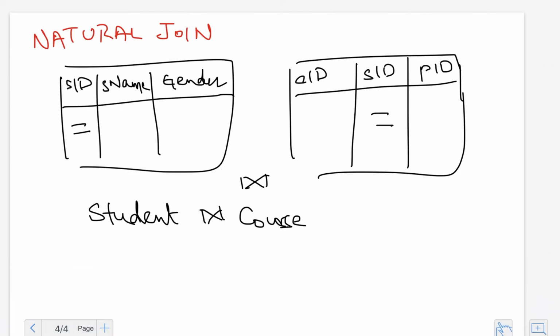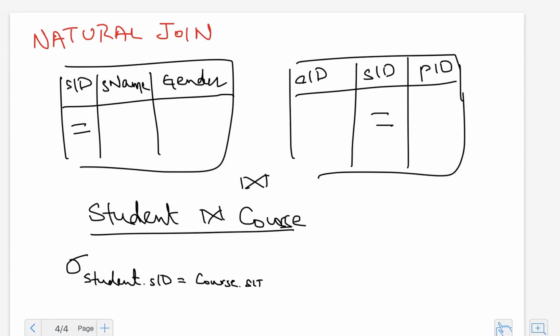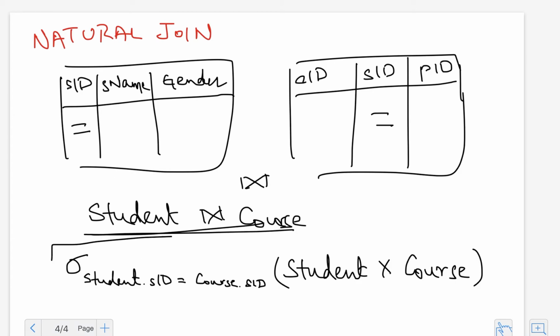So basically you can think of this thing as being equivalent to saying something like this: select student.SID equals course.SID from student cross course. So this thing right here is quite similar to this thing.